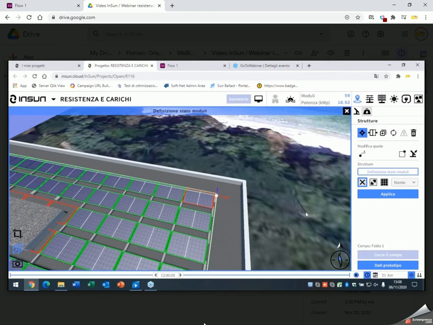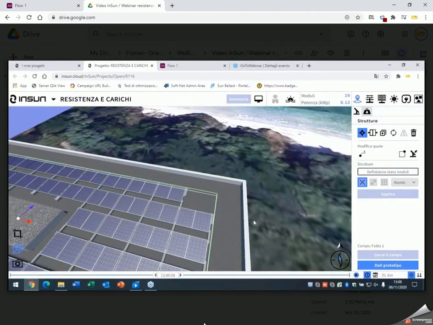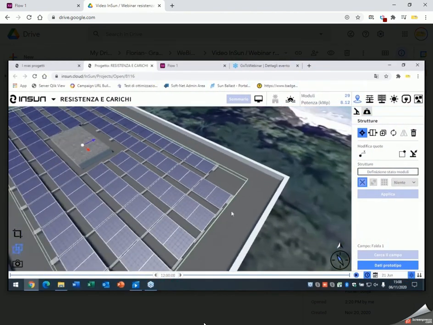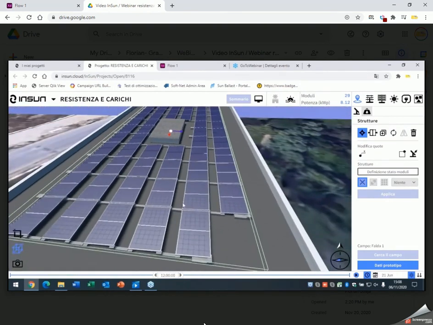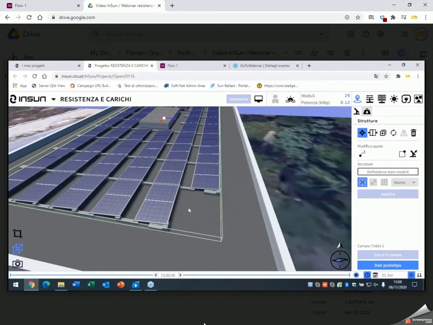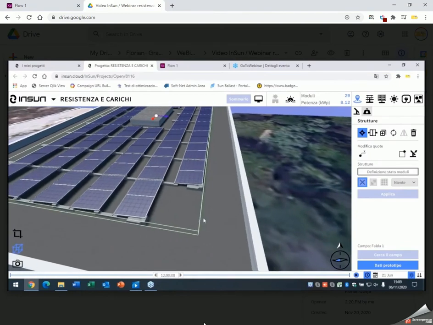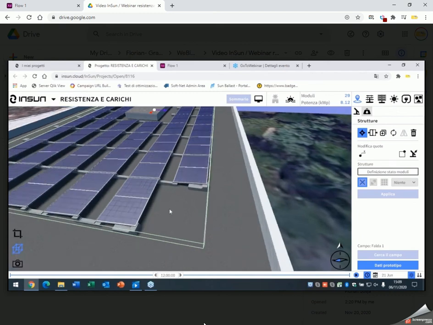As you can see, the software makes it possible to delete panels you don't want to install and relocate automatically, with instantaneous information on what the materials are, therefore the ballast that we have.